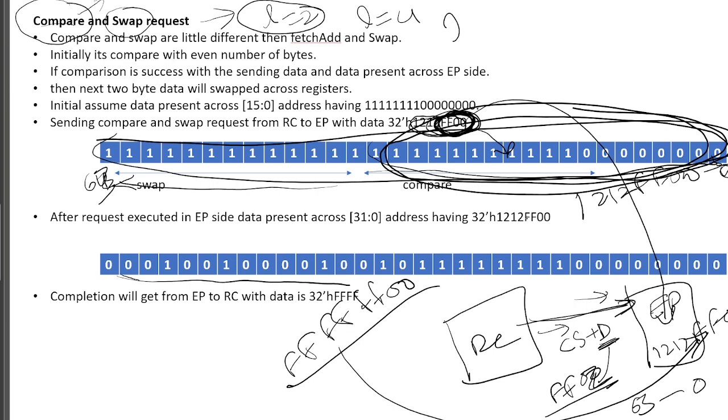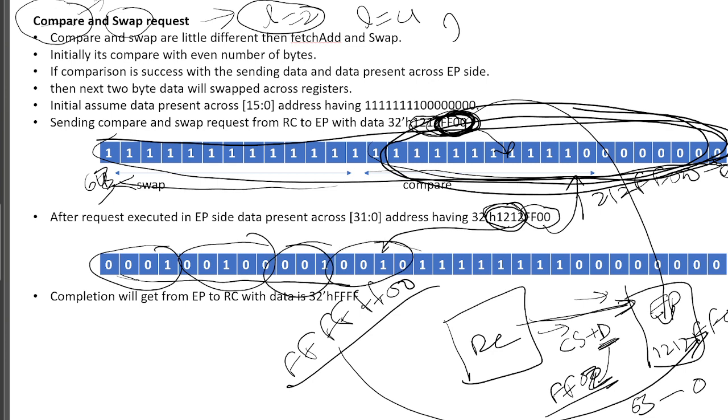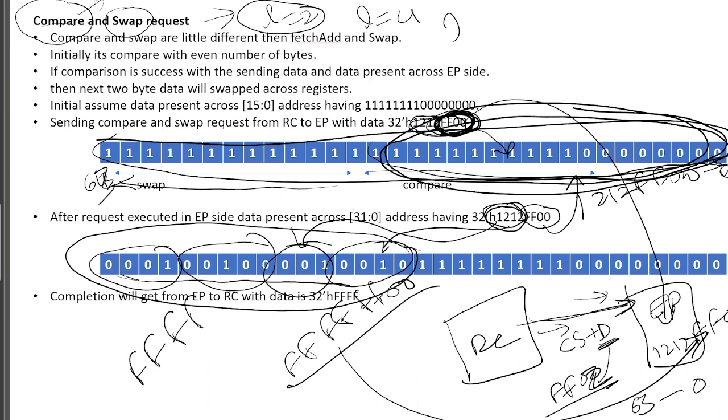What is the previous data in the same location? We have FFFF. That data comes from EP to RC side as a completion with data.